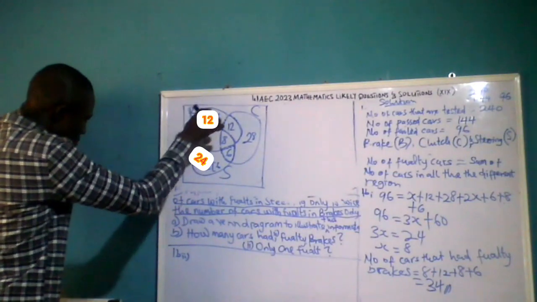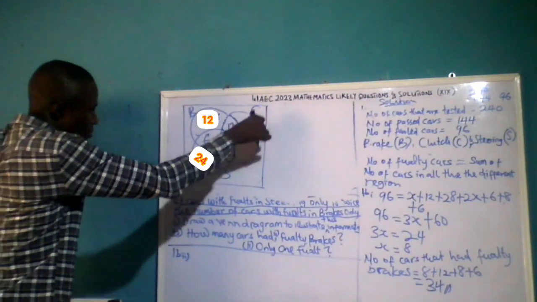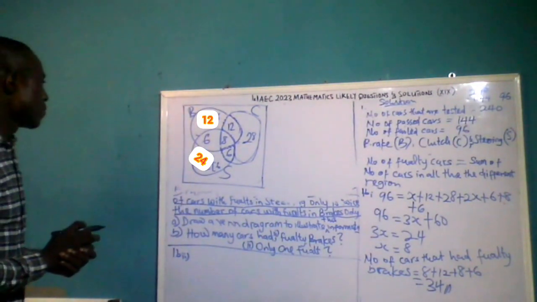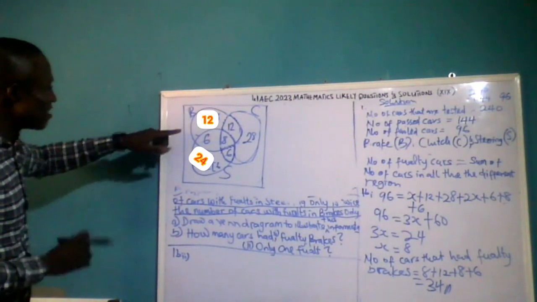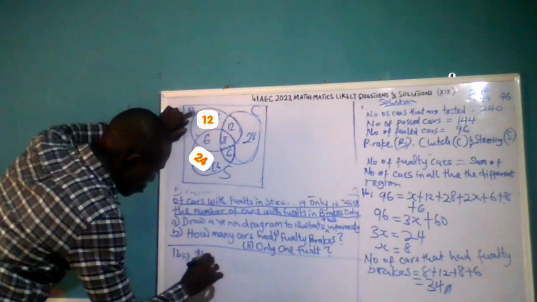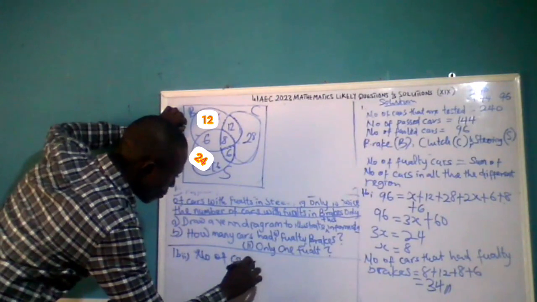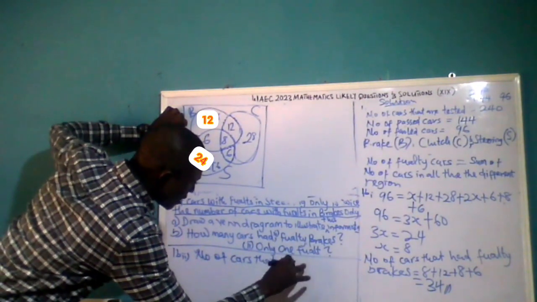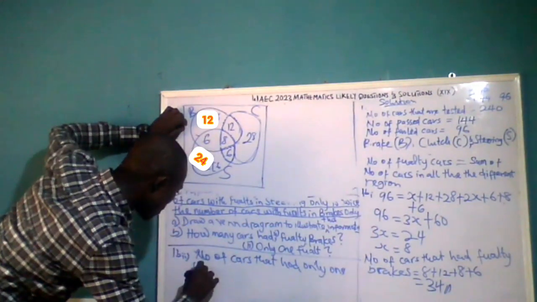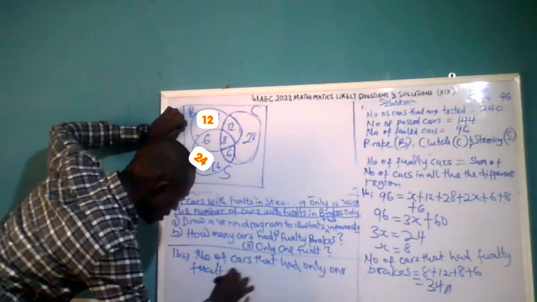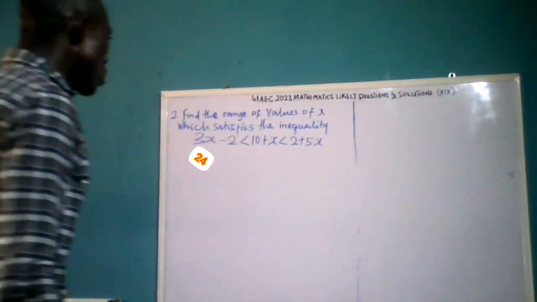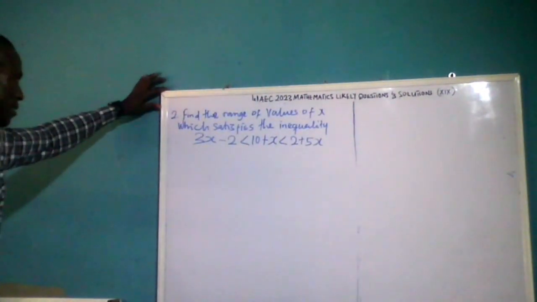This region, this region, this region, those are the three regions that do not intersect any other region, and those are the regions that contain cars of 1/4. So the number of cars that had only 1/4 is equal to 52.